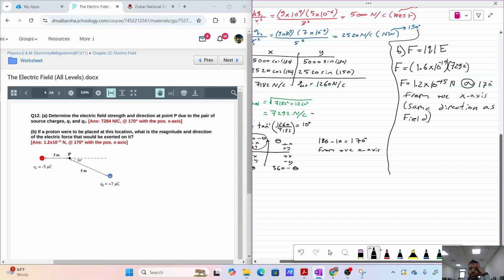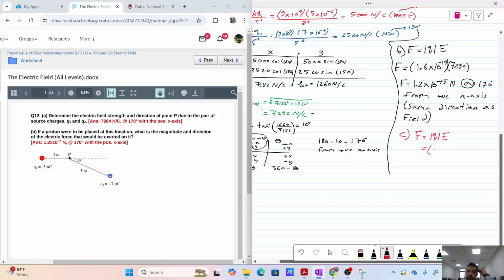Let's say in the question I added another part and I told you to find the force on an electron. So we basically do the same thing. Force is equal to the magnitude of the charge times E. For an electron, the charge is minus 1.6 times 10 power minus 19.